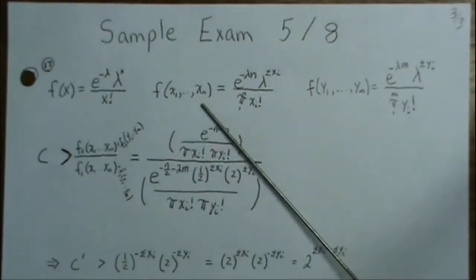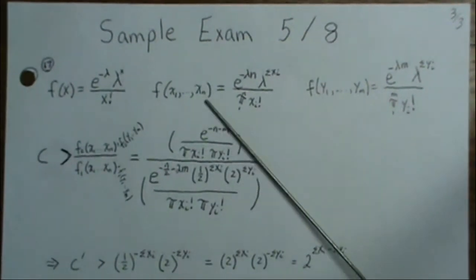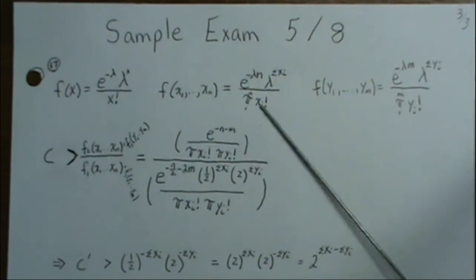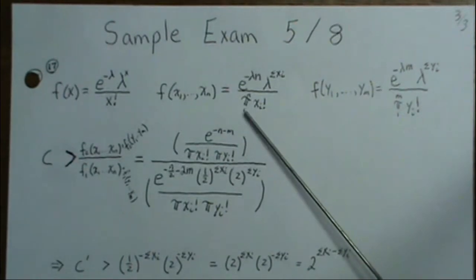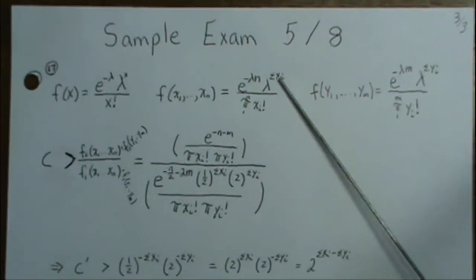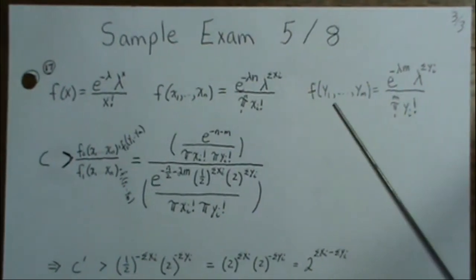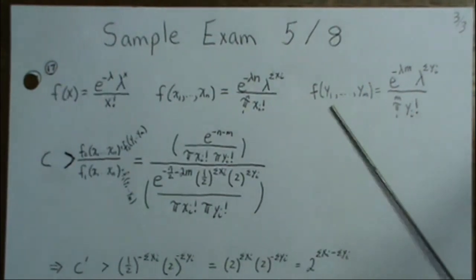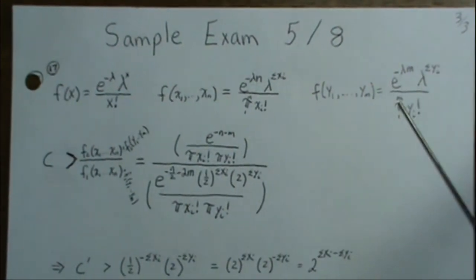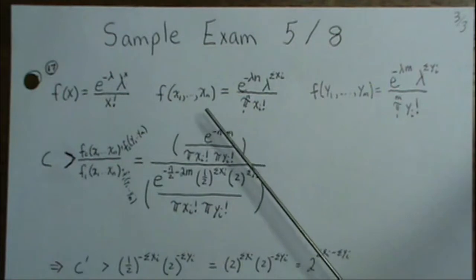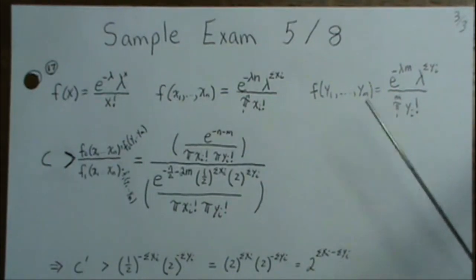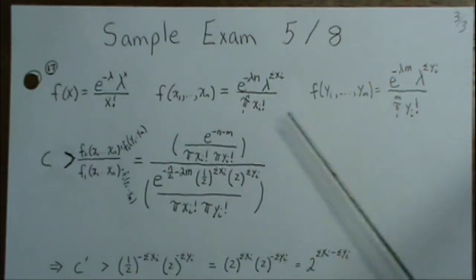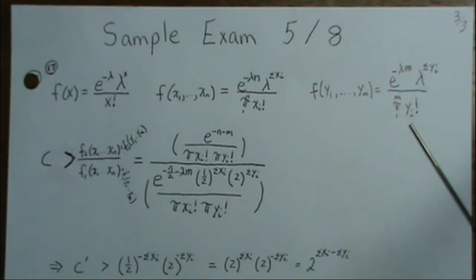So the joint density for the x's is this, where the sum is from 1 to n, and we're given the y's where 1 to m, so the joint is this. And then to find the joint of the x's and the y's, since they're independent, you just multiply these two together.